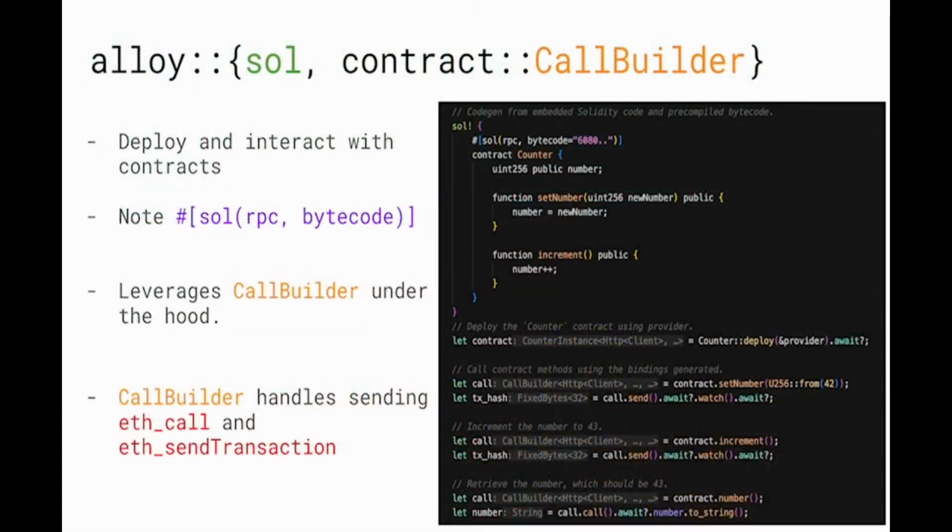It uses the call builder type, which is a wrapper around the ETH call and ETH send transaction RPC. It takes care of all the ABI encoding when you're passing it args and sending your transaction or your ETH call. It also decodes the return values so that the developing experience is intuitive and easy to use.